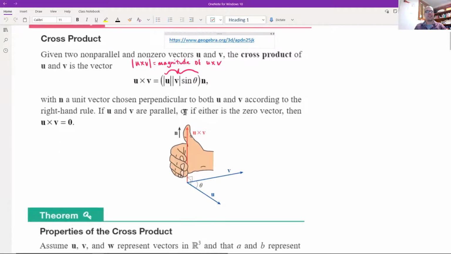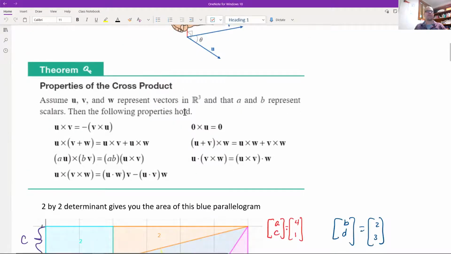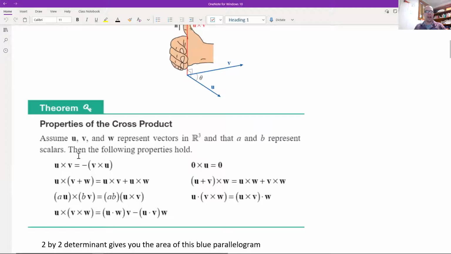And let's take a look at some of the properties. Again, we have this property that when we reverse the order of vectors that we are taking the cross product of, we get a vector in the opposite direction. And sometimes this is called anti-commutative.